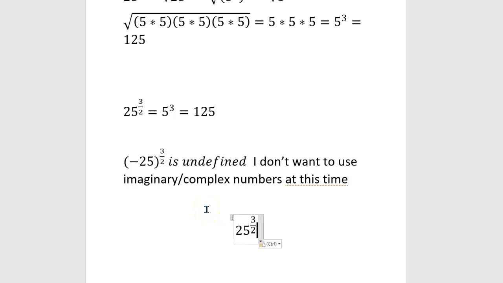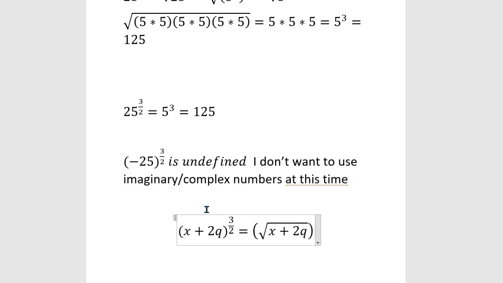Now, let's do one more example. If you have something strange and convoluted, like x plus 2q raised to the 3/2 power, yes, you can interpret that as the square root of x plus 2q, and you can do without parentheses there, but you have to put them somewhere.